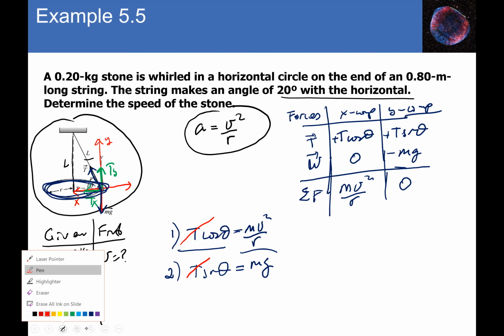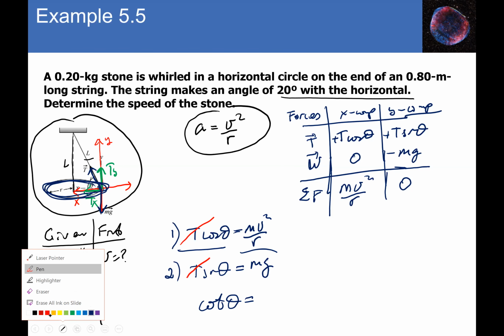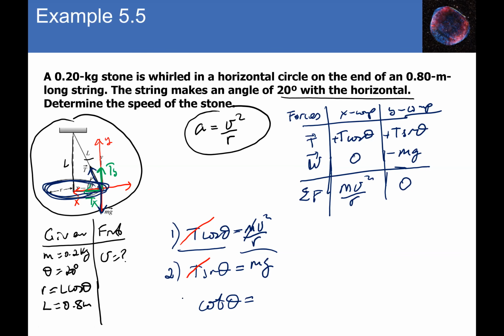And whatever I get here is cosine theta over sine theta, which is basically cotangent theta, right? On the right side, I have mass times v squared over r divided by mg. Mass can cancel out, and what I get here is v squared over rg. Okay, that means cotangent theta equals v squared over rg.